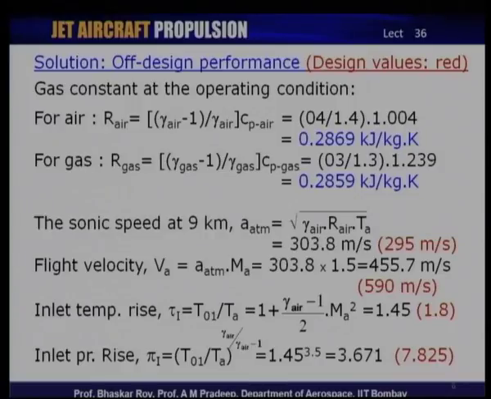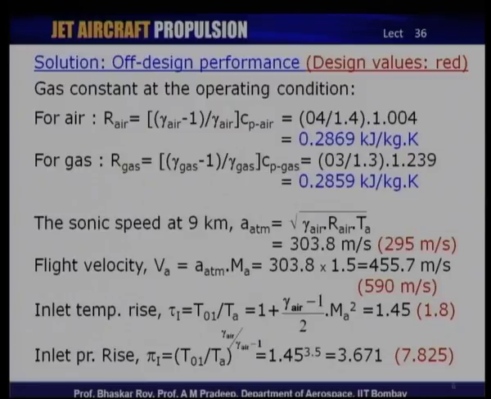As I have mentioned before, we will probably be showing all the design point calculations that have been done a priori, and we will try to show them alongside here, so that you get a notion of the difference between the design point and the off design performance that we are calculating now.